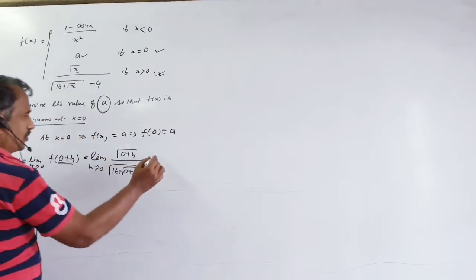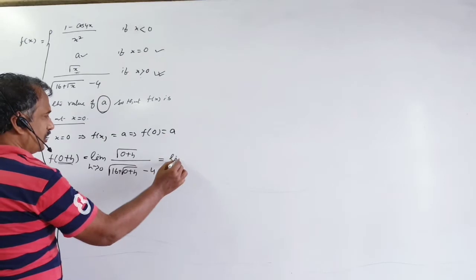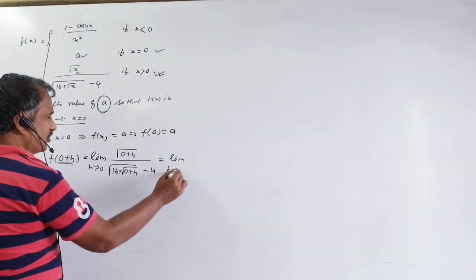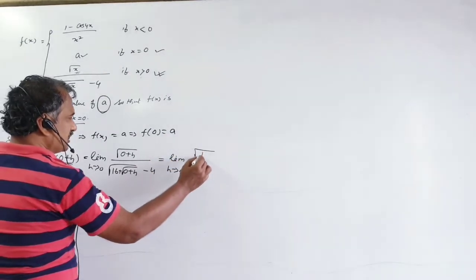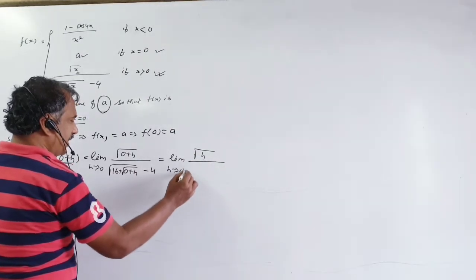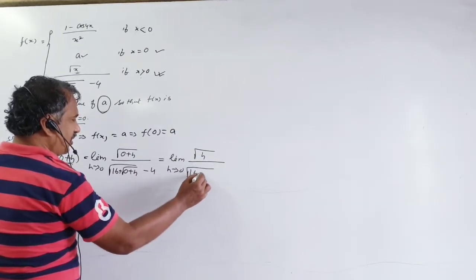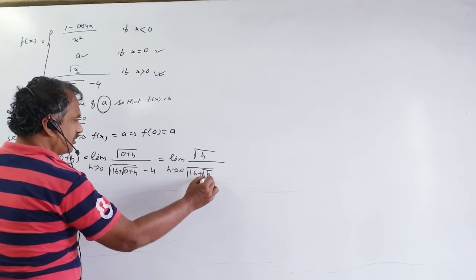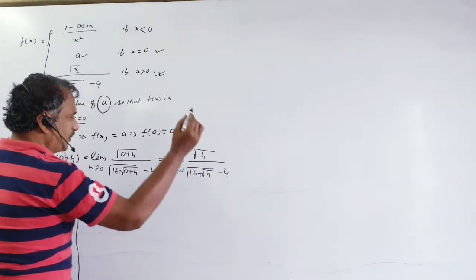Now this part equals the limit as x tends to 0 of root x divided by root of 16 plus root x minus 4.